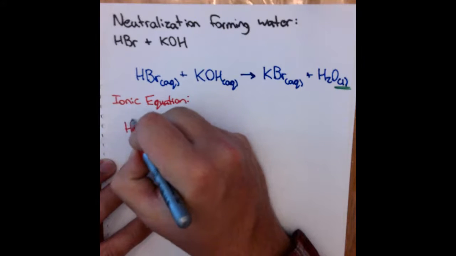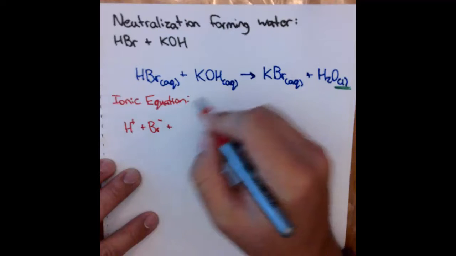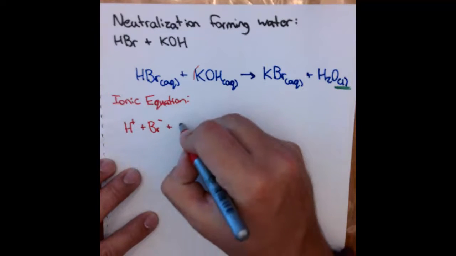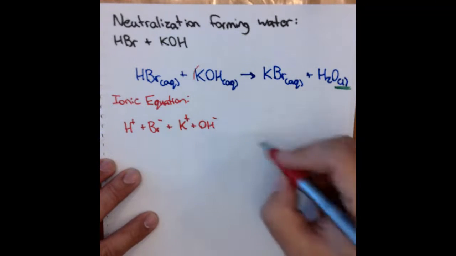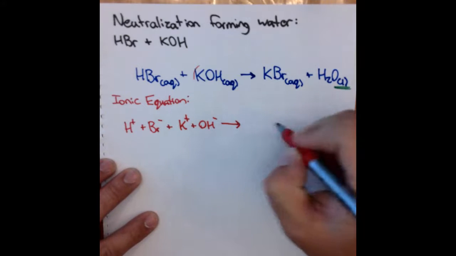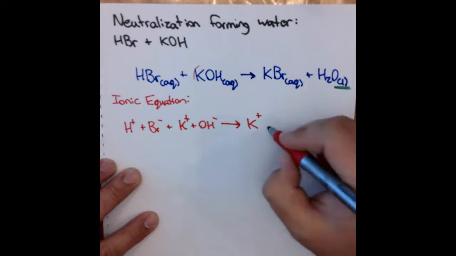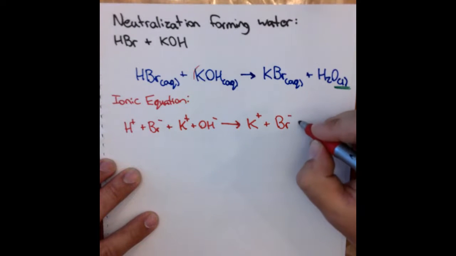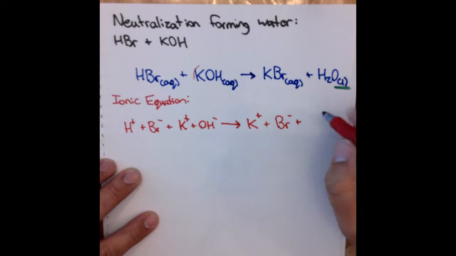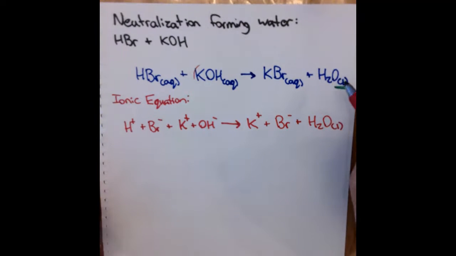So it's going to be H plus Br minus plus potassium plus, so K plus OH minus. And those are going to react to form K plus Br minus plus H2O. We leave the H2O together because it is in a different state.